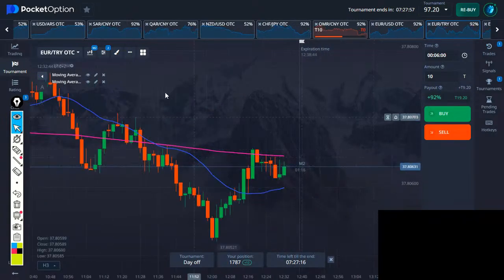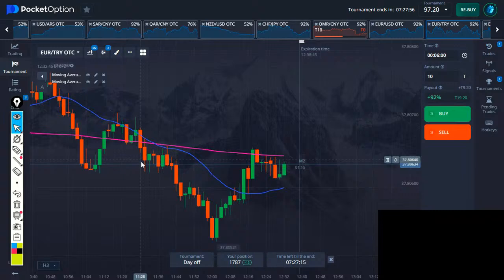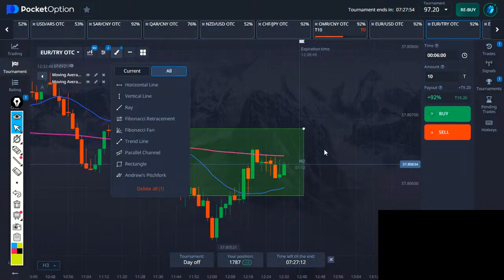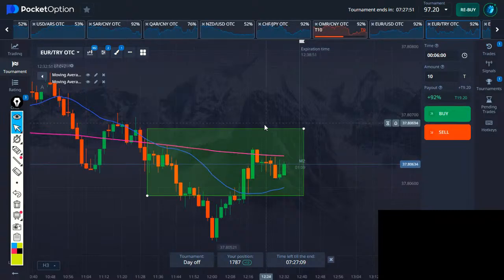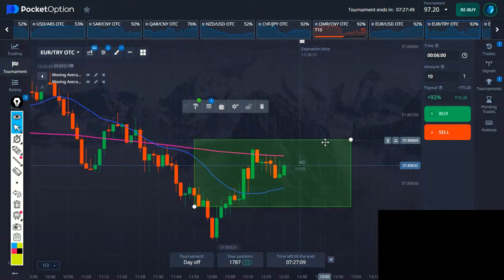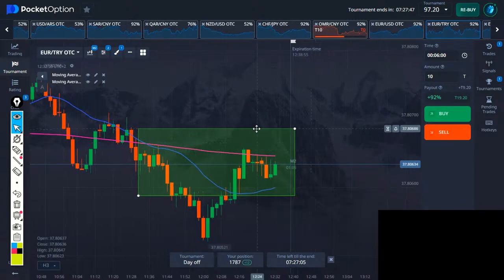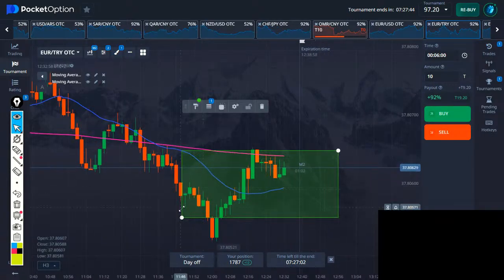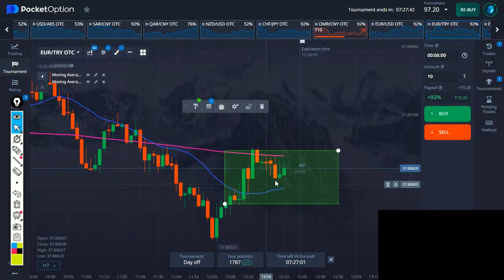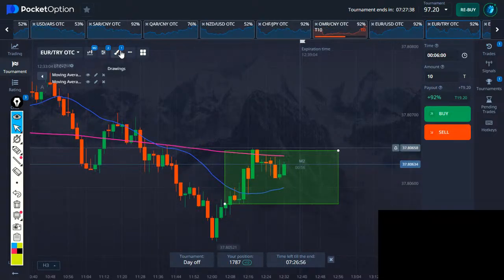All right, let me mark this. Swing high, swing low of your last 10 to 12, 2 minute bars. I need a break and strong close above the top.